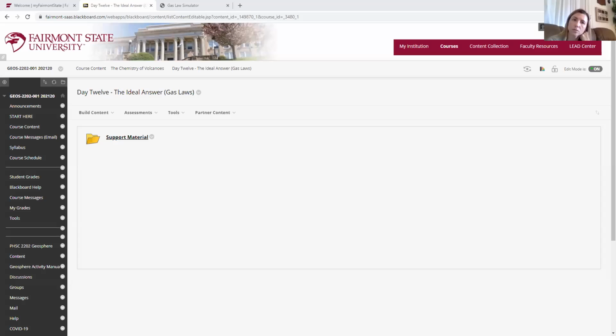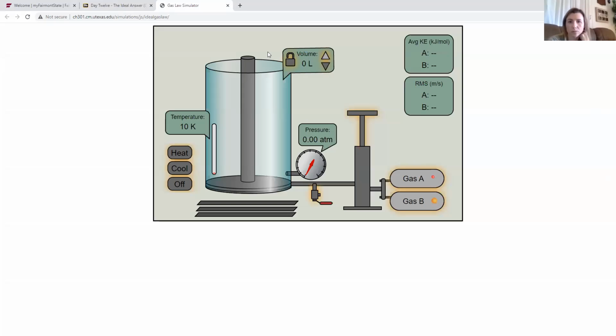All right, guys. So let's take a look at this gas loss simulator. You'll see that we have some variables that we're going to be looking at. We're going to look at temperature, and what is the K? It's not Celsius, it's not Fahrenheit, it's in Kelvin.